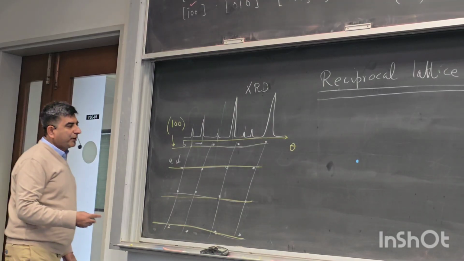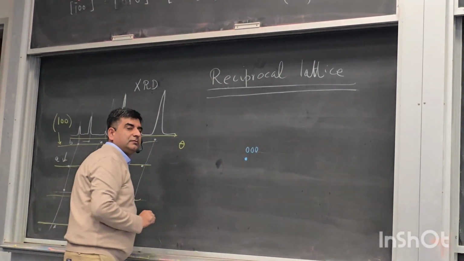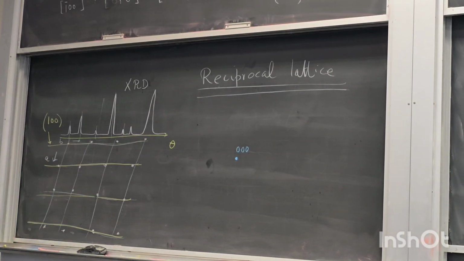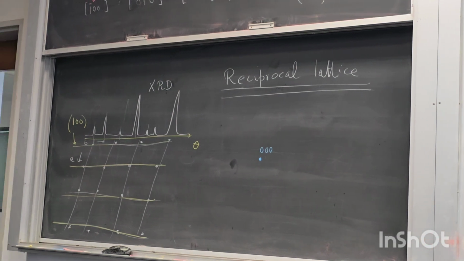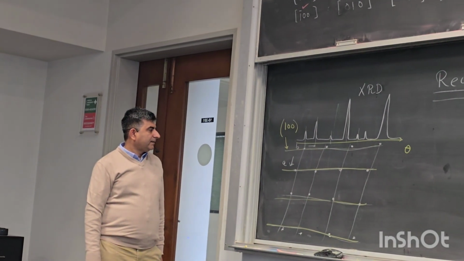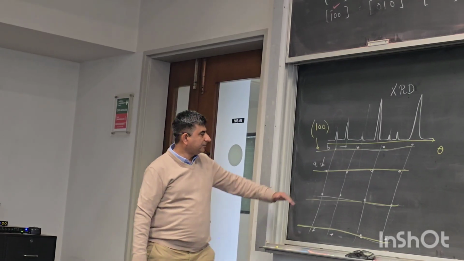So I take some point, let's designate it as 0, 0, 0. In the reciprocal lattice space, this has the coordinate 0, 0, 0. Now what I would like to do is that I have these planes.